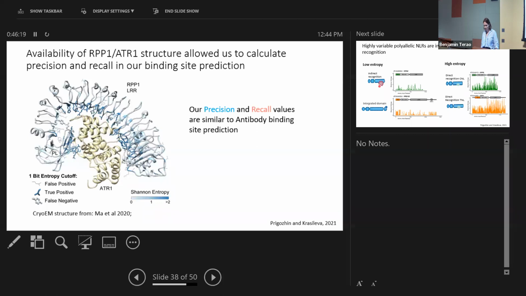All of the residues with side chains are those catching the effector, and the residues in blue are those that we could recall computationally with our entropy analysis. So overall, we can recall over 75% of the residues constituting a ligand binding site using this diversity metric. That's as good as antibody binding site prediction. So we're quite happy. And using the structure, we could actually estimate precision and recall.